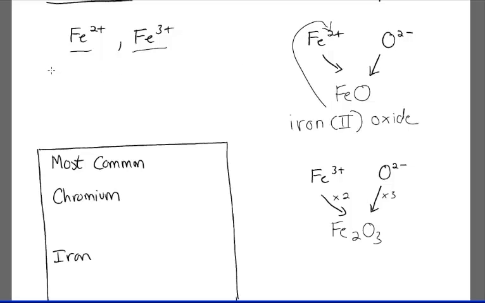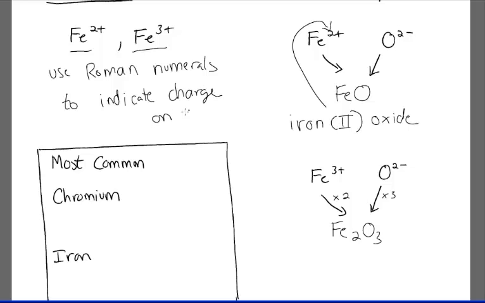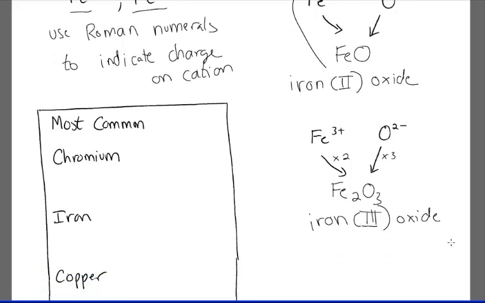So in other words, when we have this case, we use Roman numerals to indicate the charge on the cation. So this one would be iron(III) oxide, and the Roman numerals go in parentheses after the metal name.